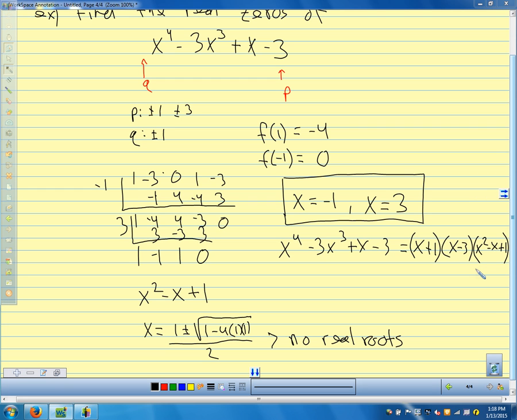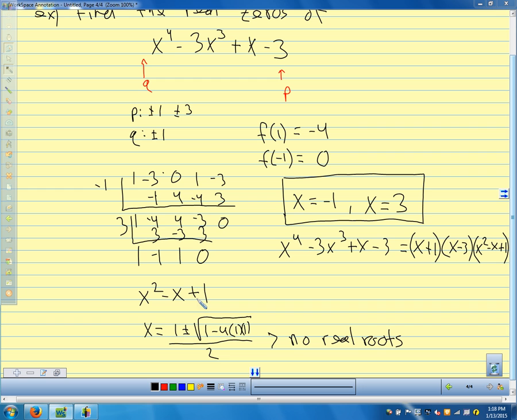Yes? X equals 3 came from this one, because when I did my synthetic division here, I got a 0 remainder. Well, this piece gives us no real root. So from this, the part that's left over after we found 1 and 3, we get no real roots.